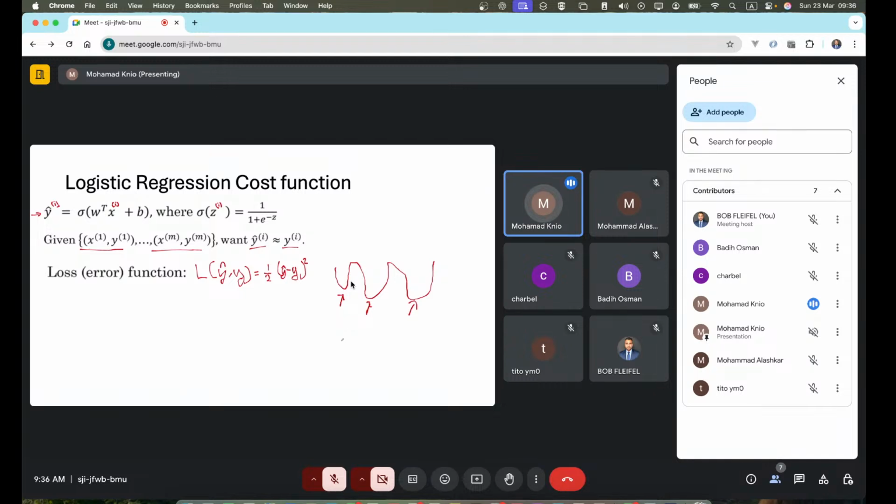So gradient descent may not find the global optimum, and we use gradient descent to find the lowest number, and we want this to be the lowest number, as this is the difference between these two numbers. The lower the number, the more accurate our predictions are.